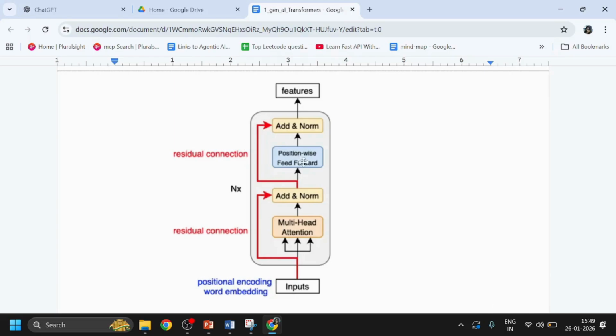The feed forward neural network decides how to transform that information. Attention helps the word hi understand its context from the AI, and the feed forward neural network then refines this understanding.